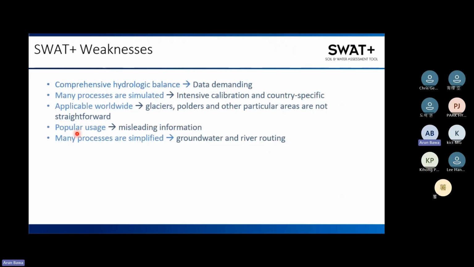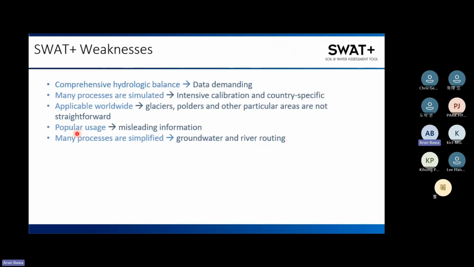We also provide the literature related to SWAT, and that literature is selected by our team. We don't want to share any low quality journal publications; we share only good quality journals.